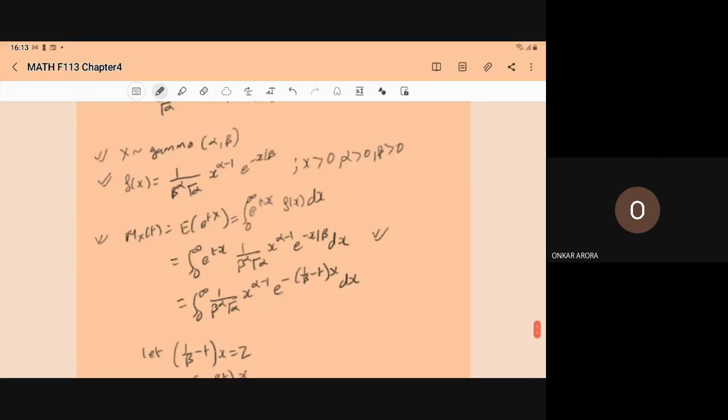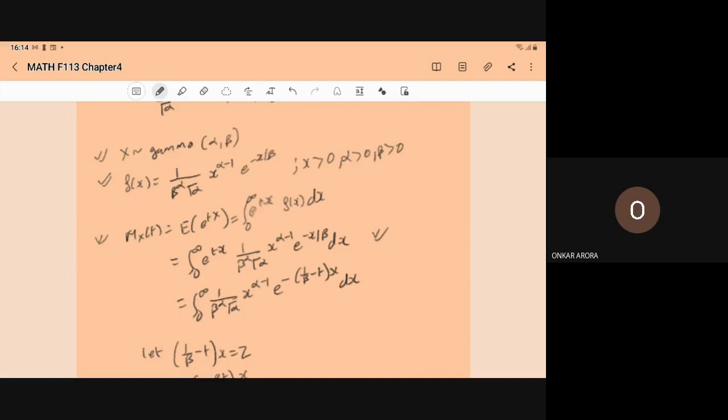That can be written as the integral from 0 to infinity of 1 upon beta to power alpha, gamma of alpha, x to power alpha minus 1, and e to power tx and e to power minus x upon beta can be written as e to power minus 1 upon beta minus t into x.